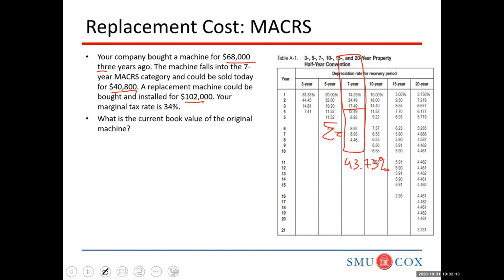So the book value would be the original price, 68,000 times 0.4373, and that is 29.73.